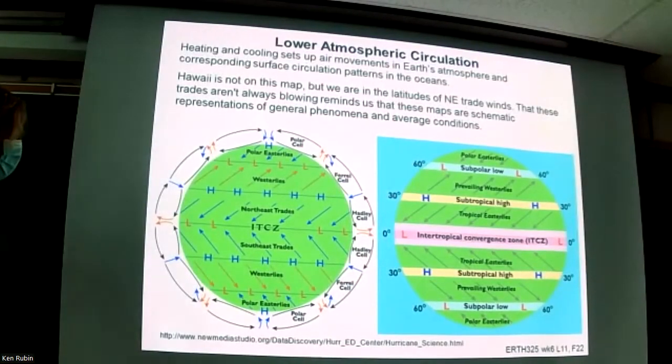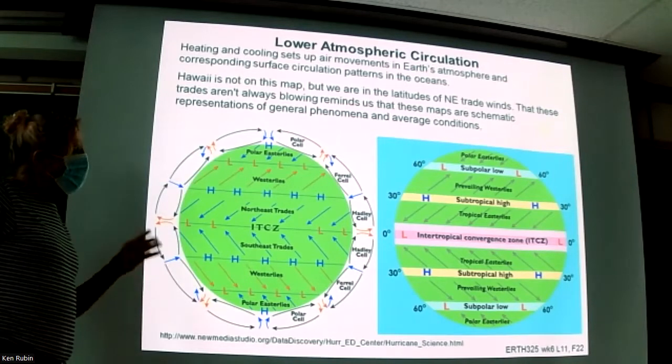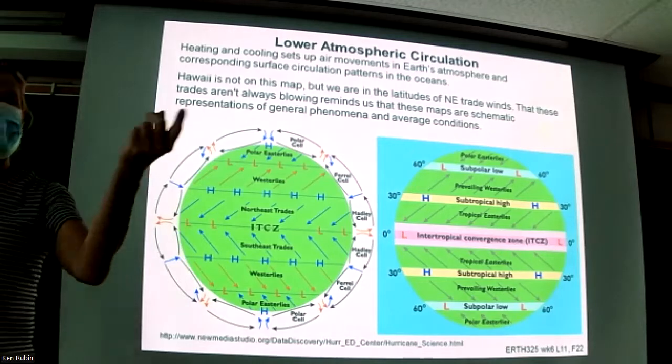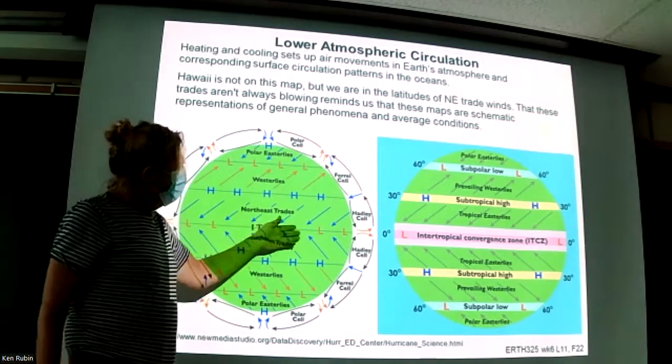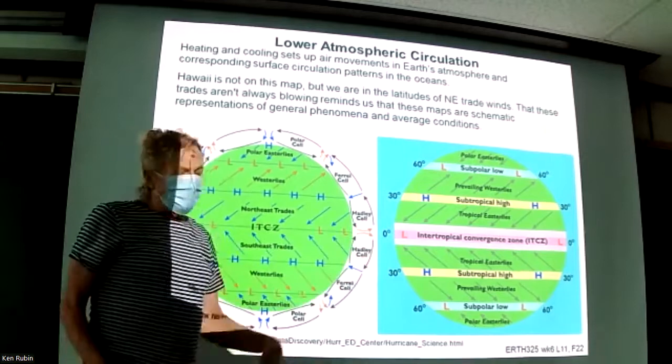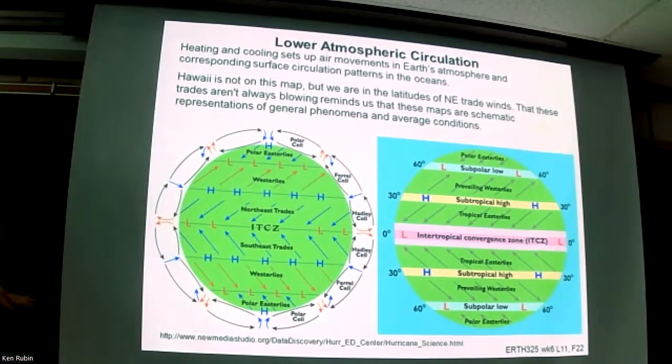So when we look at the atmosphere, it being heated from below, coupled with the circulation of the planet, gives us these zones of places where, in some places, for instance, near the equator, hot air is rising up in the atmosphere because they're heated near the surface.